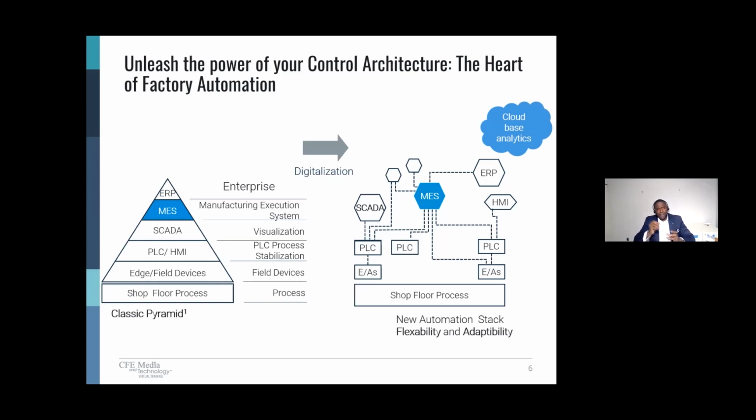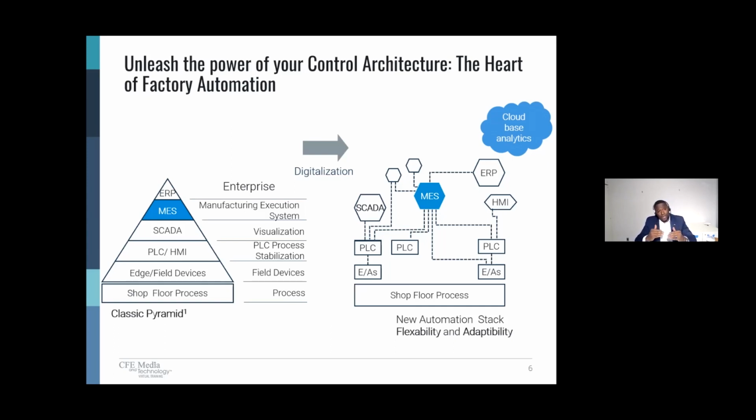So you can see the power of MES. The power of MES means that now you have a place where work orders can be sent to an MES platform, and that MES would then distribute data down to the SCADA system, to the PLC.